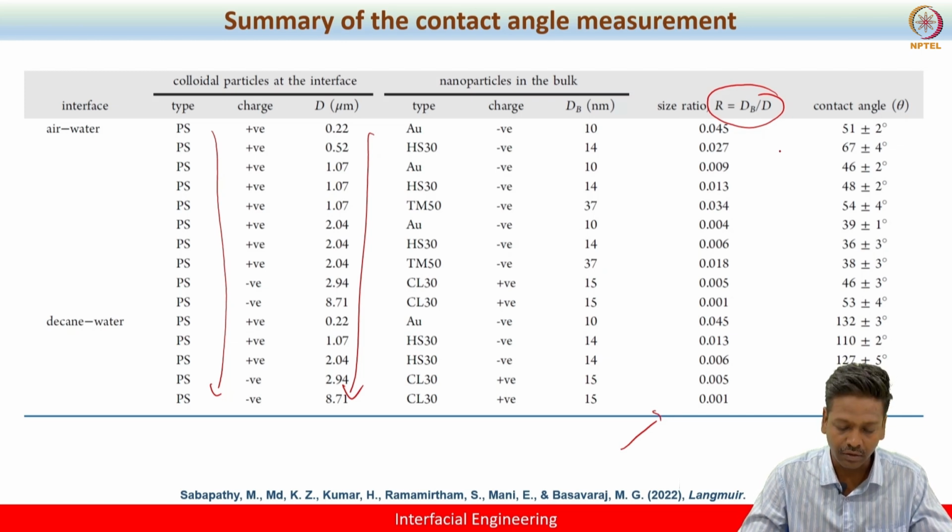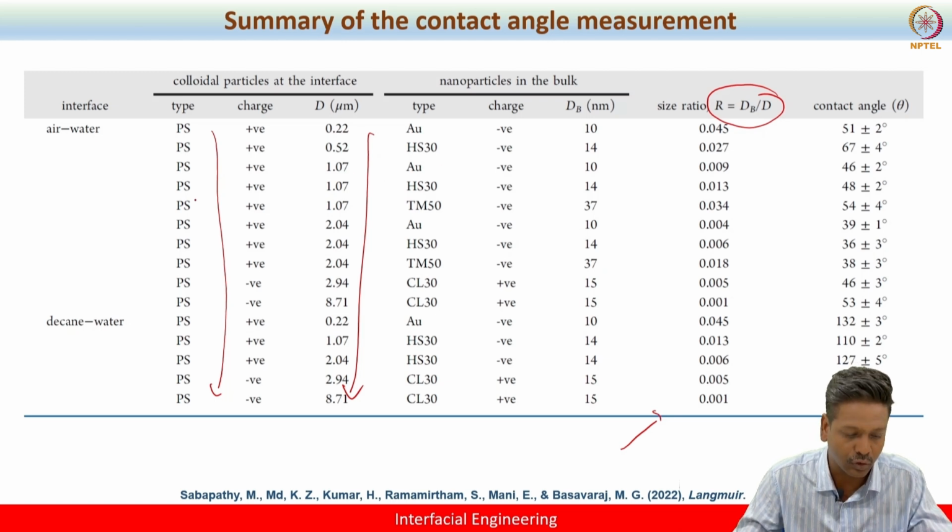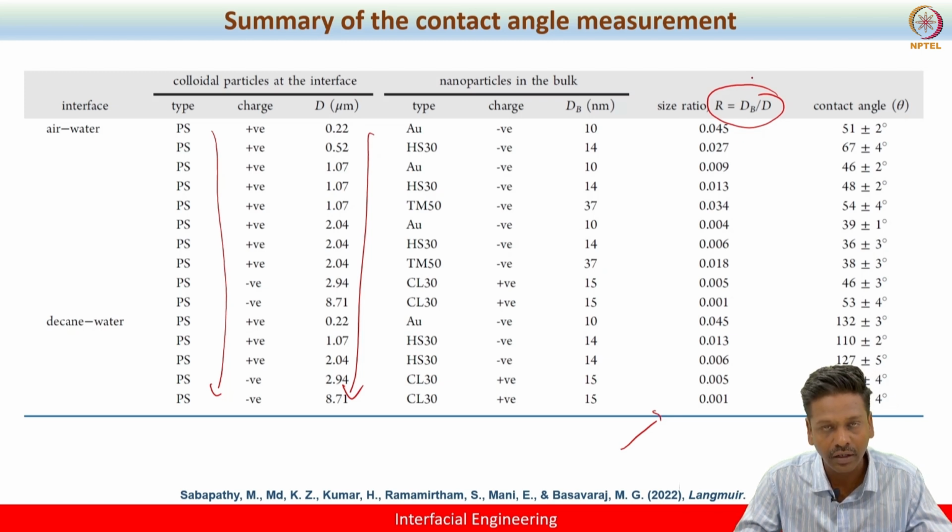Let's say you want to measure the contact angle of a 2.2 micron particle, then if the nanoparticle that we employ in the bulk is very small, the accuracy is better. So that's what it comes to say.